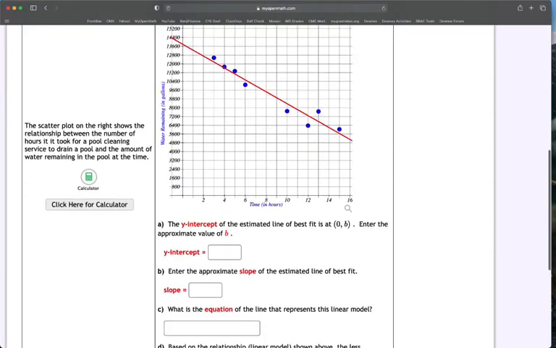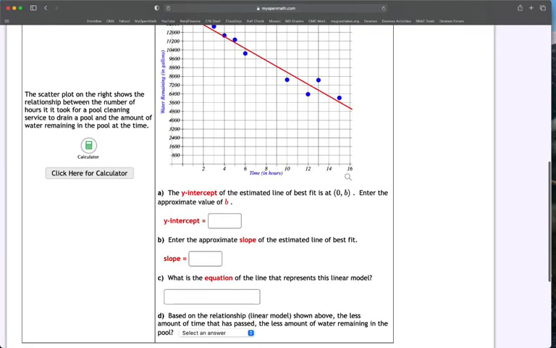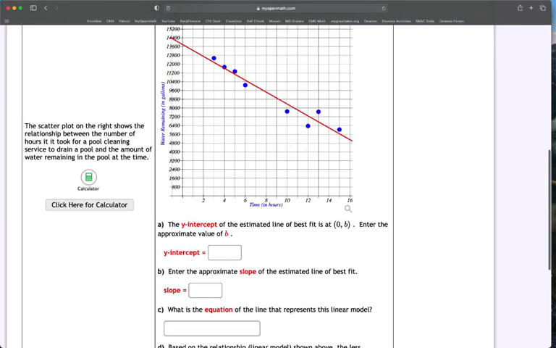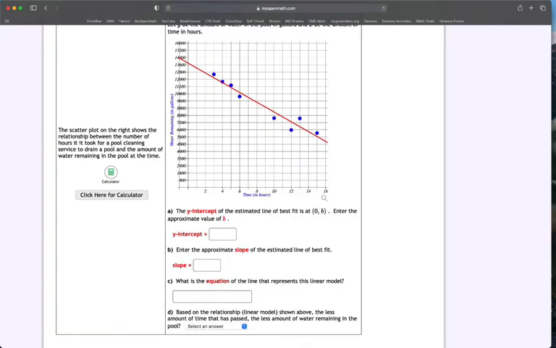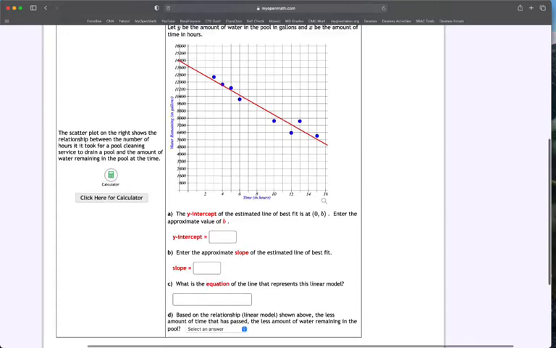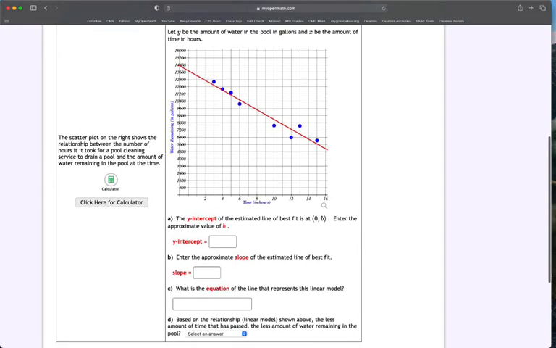So in this particular problem, we are asked for several things here. First thing that we're asked for is the estimated value of the Y-intercept. Now remember, this is an estimation. So if we look, right there is our Y value. All I know is that it's somewhere between 13,600 and 14,400.